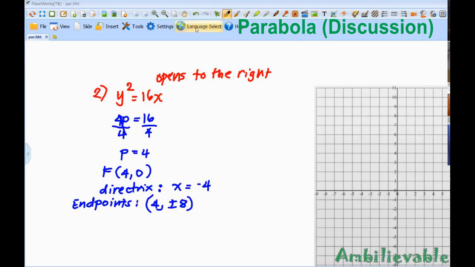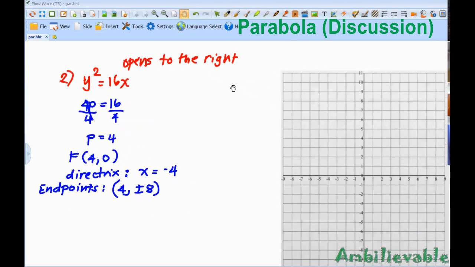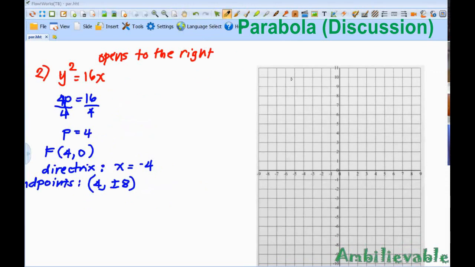So let us graph now. We have the focus at 4, 0. The directrix is at negative 4. It's the opposite of the focus, so x is equal to negative 4.